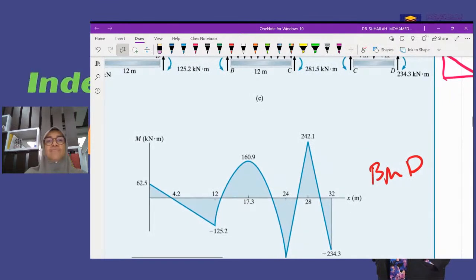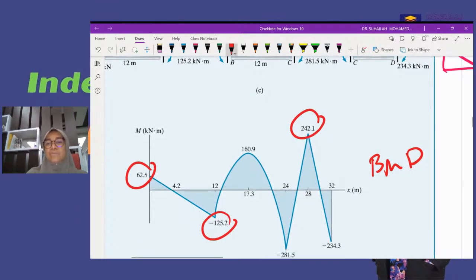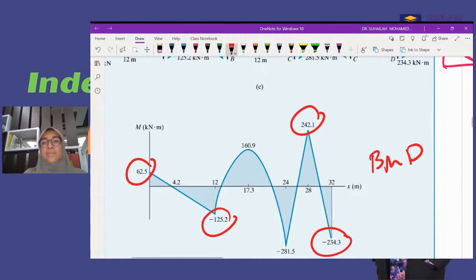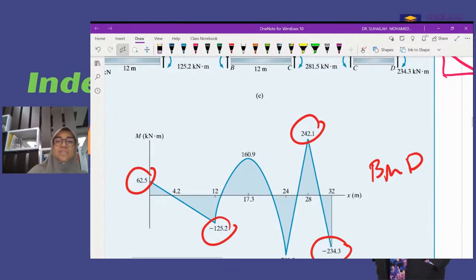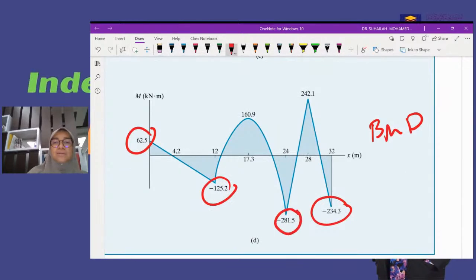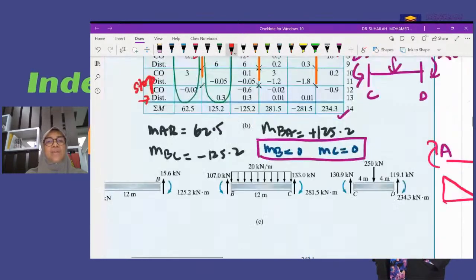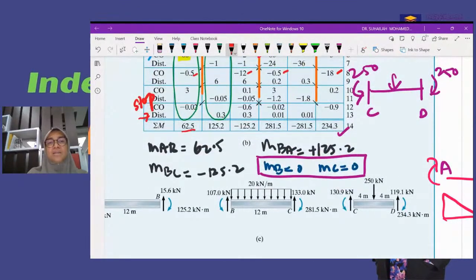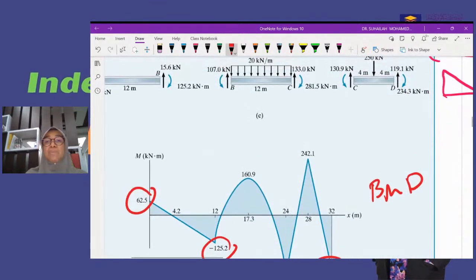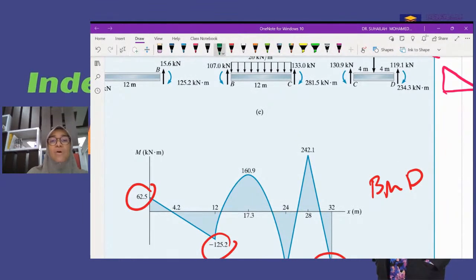That is actually the value that we get in the table, and the maximum moment we can only get from the shear force diagram.